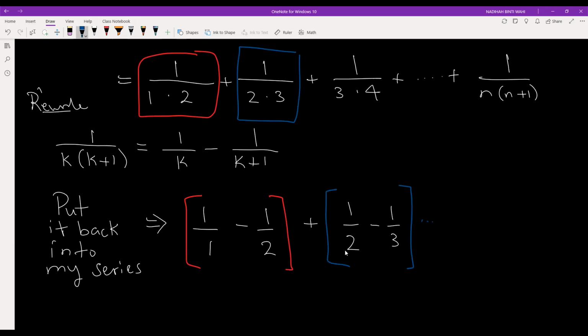And then so on. So this is the nth term. So the nth term will be 1 over n minus 1 over n plus 1.